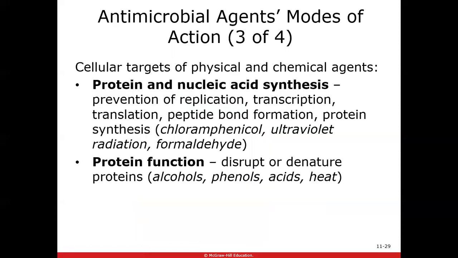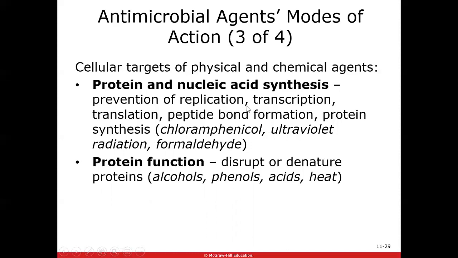Then you have cellular targets of physical and chemical agents. If it doesn't attack the cell wall or cell membrane, then the antimicrobial can attack protein and nucleic acid synthesis. It can prevent replication, transcription, translation, maybe peptide bond formation, all the things that are utilized in protein synthesis.